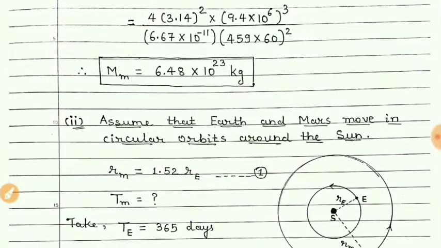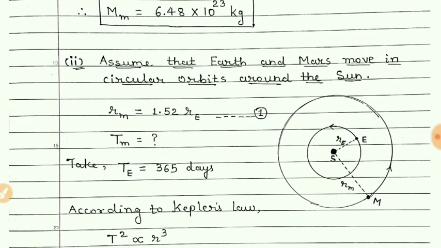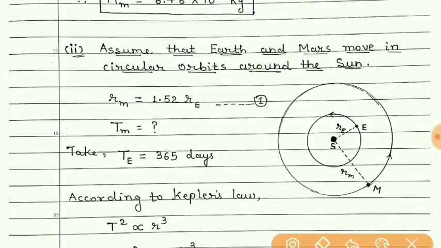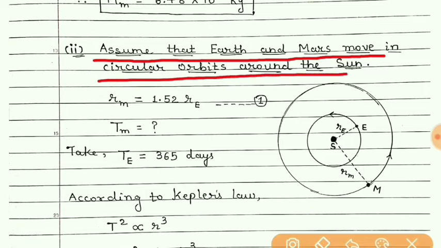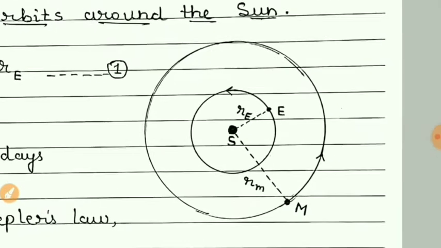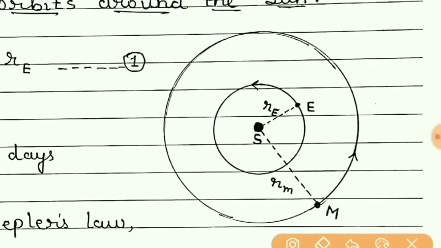Now second part, assume that the Earth and the Mars move in circular orbits around the Sun. So here I have shown a figure that this is the Sun and this is the orbit of the Earth revolution.